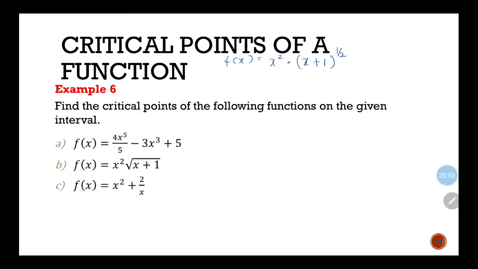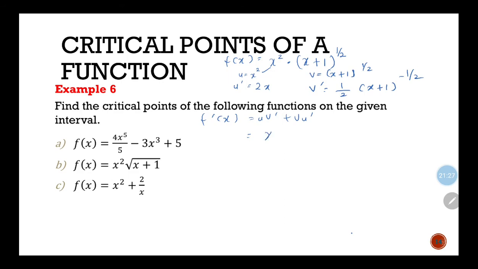We should use the product rule because this is the multiplication of two functions. So u here is x squared and u prime is 2x. And v is x plus 1 to the power of half, and v prime is half x plus 1 to the power of minus half. So f prime x is uv prime plus vu prime.